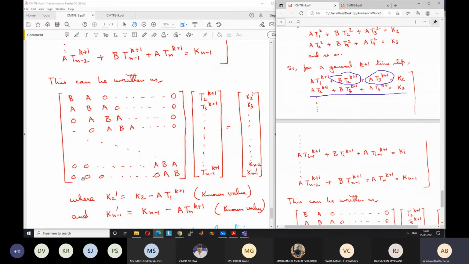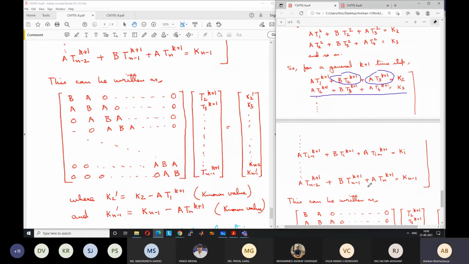For the n minus 1 term, 0 into T2 k plus 1 plus 0 into T3 k plus 1 plus 0 into T4 k plus 1, and you continue until you reach the end, where A into Tn minus 2 k plus 1 plus B into Tn minus 1 k plus 1 plus A Tn k plus 1 is equal to Kn minus 1.